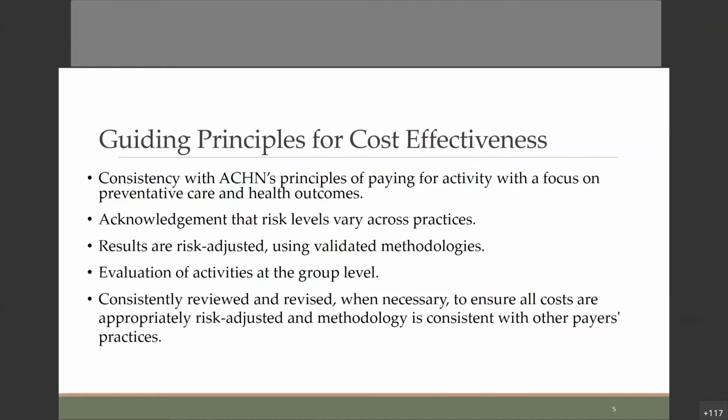Results are risk adjusted using validated methodologies. Evaluation of activities is done at the group level, consistently reviewed and revised when necessary to ensure all the costs are appropriately risk adjusted and the methodology is consistent with other payers' practices.